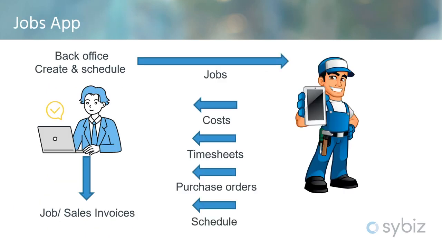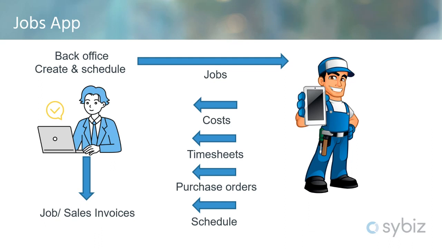And onto the Jobs app, there's a lot of similarities between the Jobs app and the Service app, so we'll sort of cover the functionality in a bit of a crossover sense there.